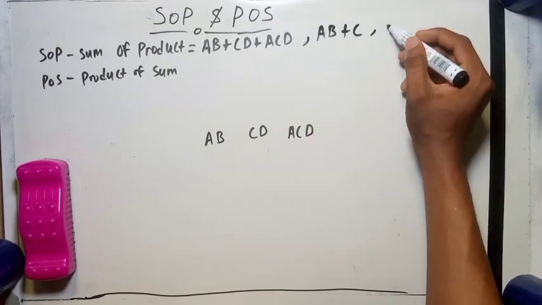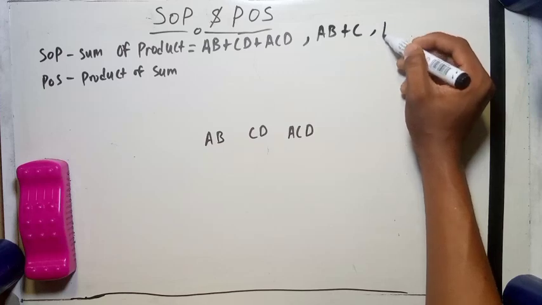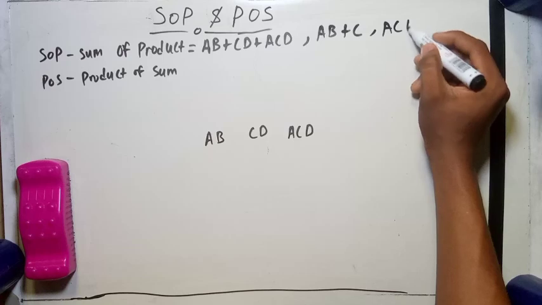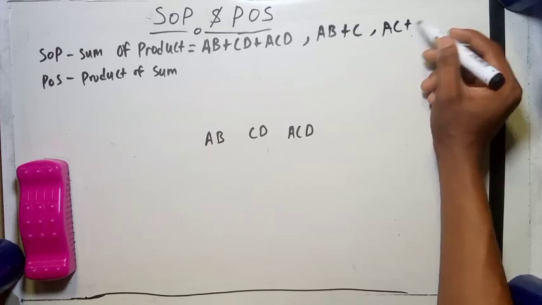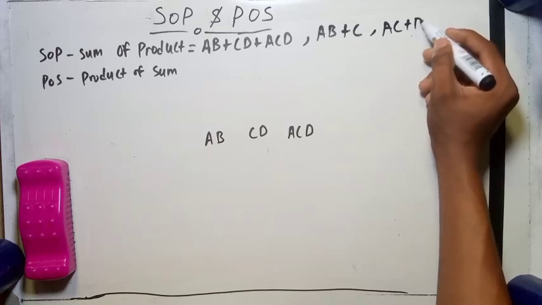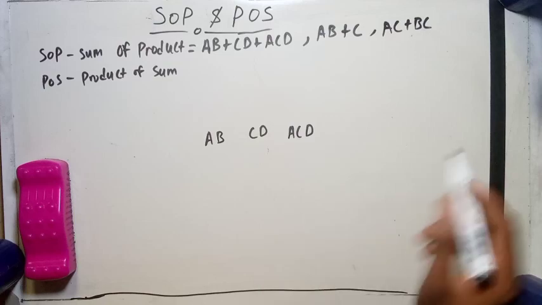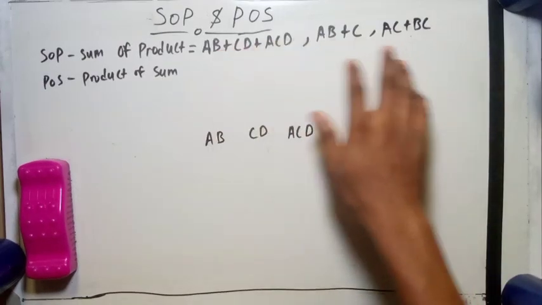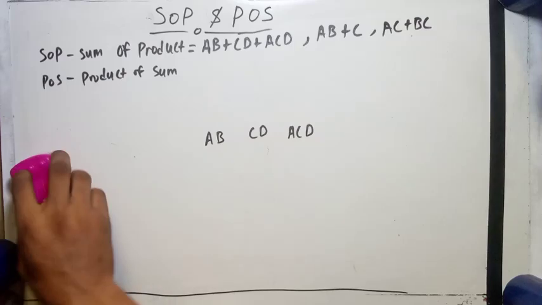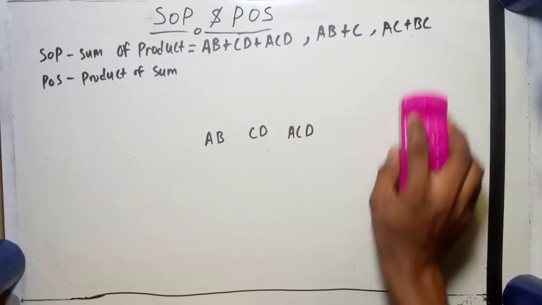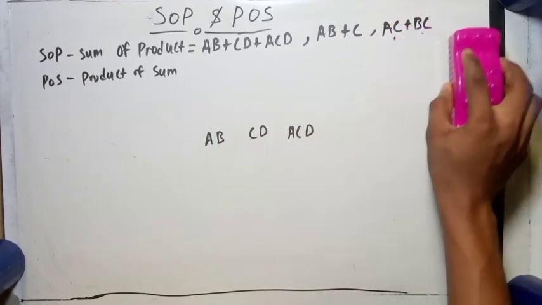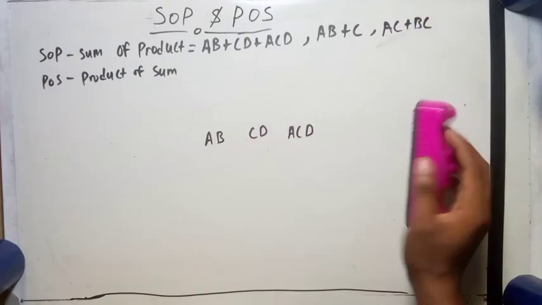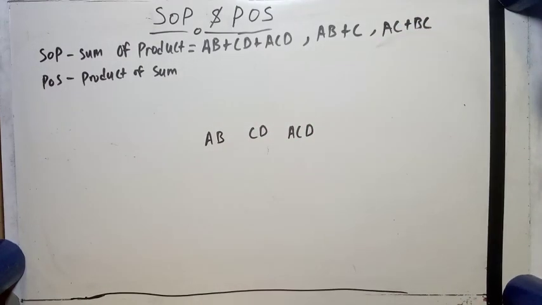You can also have AC plus BC, as much as you can think of. So all these are what you call what? Sum of products. All these are what? Sum of products. So you're having products adding themselves up. You form your SOP.